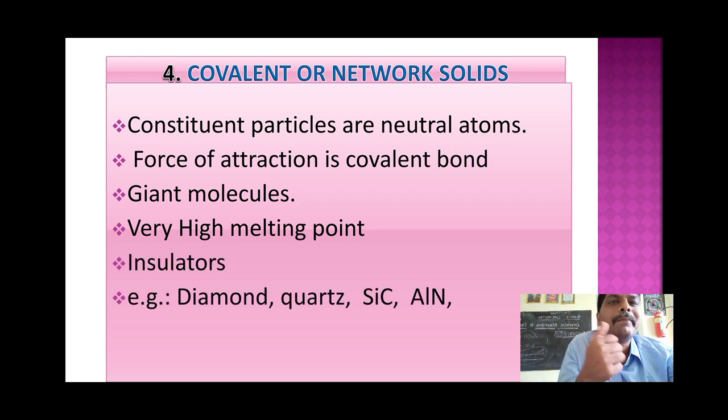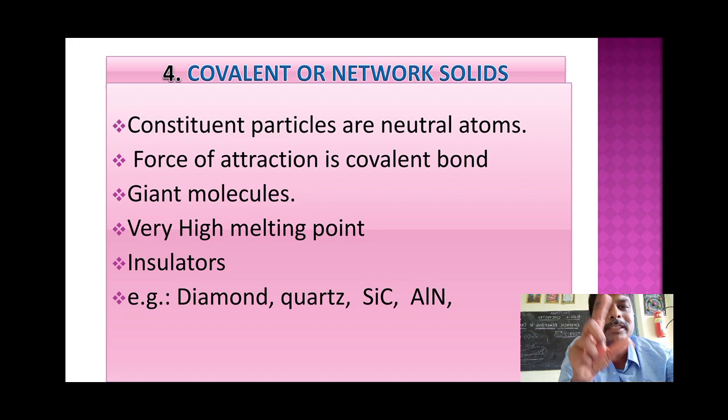Insulators. Here some exceptions are also there. All covalent solids are insulators, but graphite is a good conductor of electricity. All these are hard, but graphite is soft. Diamond is a hard material. Yesterday I told you about SiC, silicon carbide. It is called carborundum.